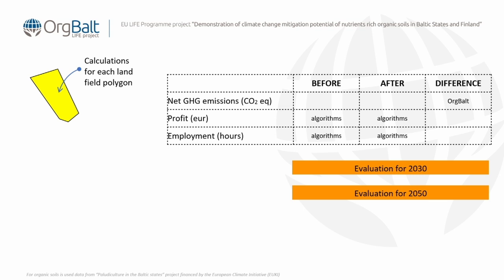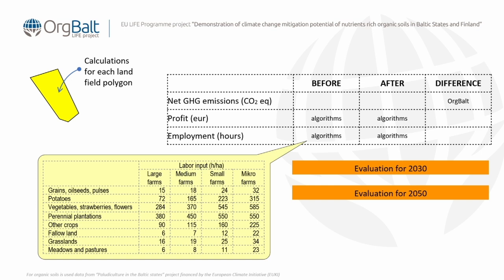And there's a difference between before implementation of a specific measure and after. But we also calculated some algorithms to calculate what is profitability before and after implementation of each measure. And the results are calculated for 2 time points, that is for 2030 and for 2050.